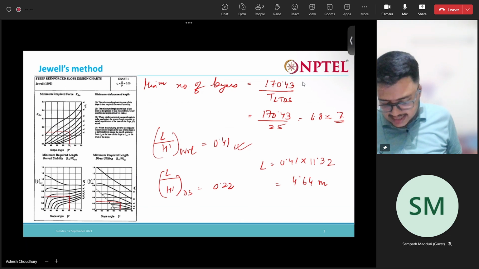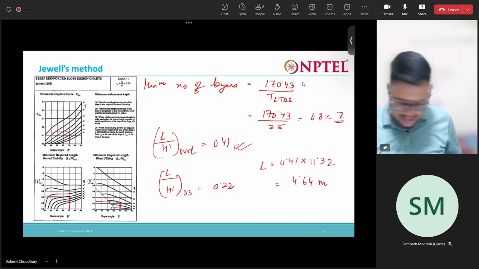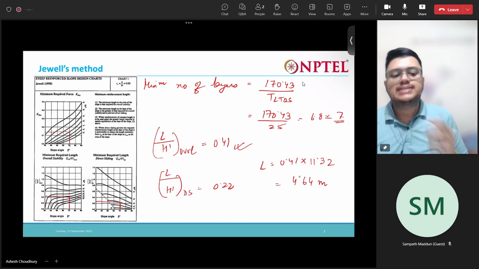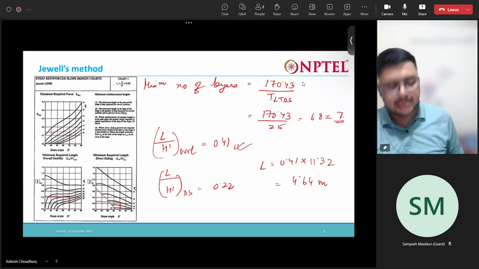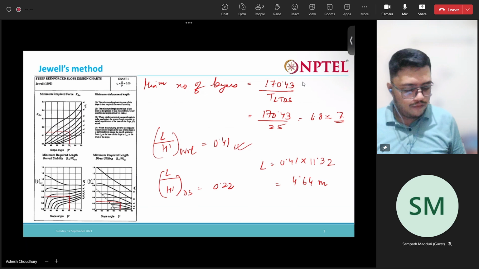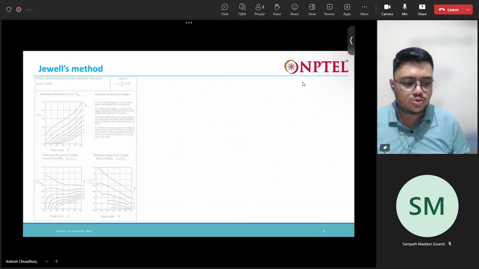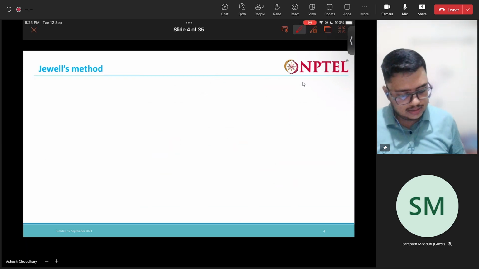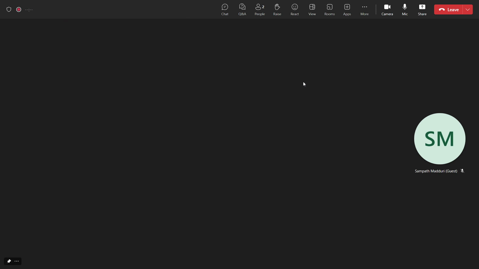Now the next step is to design this reinforcement, right? The spacing of the reinforcement. For that, what can we do? Let us just stop this.